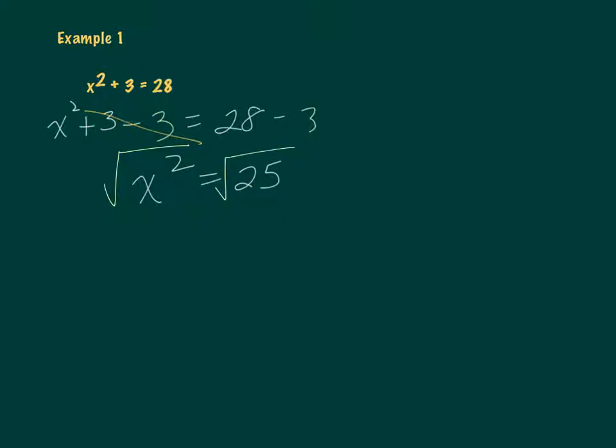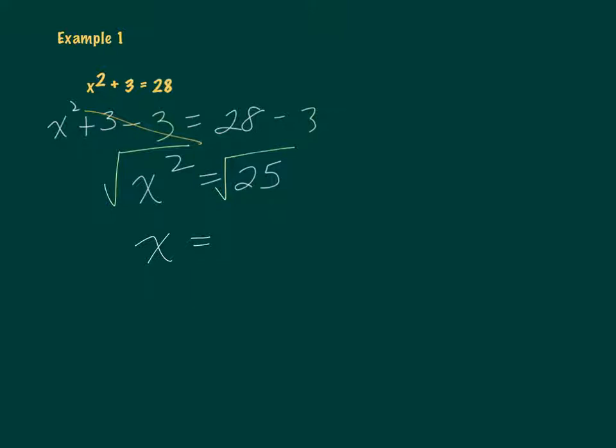Just like up here when we subtracted 3 from both sides, down in this step we need to square root both sides. And effectively what happens, just like plus 3 minus 3 up here cancel each other out, the square root and the square cancel each other out on this one. So on the left side, we're just left with x.